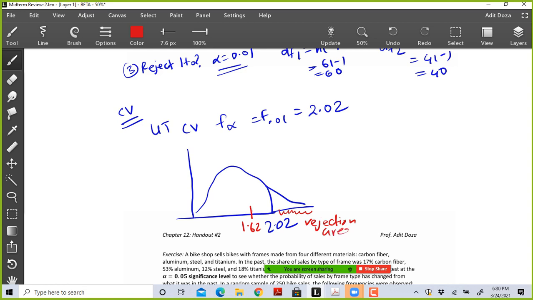So do we reject? No, because the test statistic is less than the critical value. So do not reject H0. That means if we do not reject, HA is unsupported.